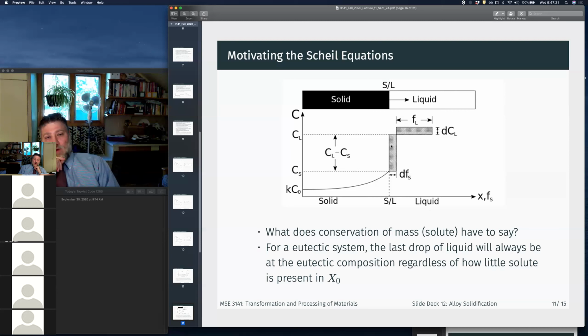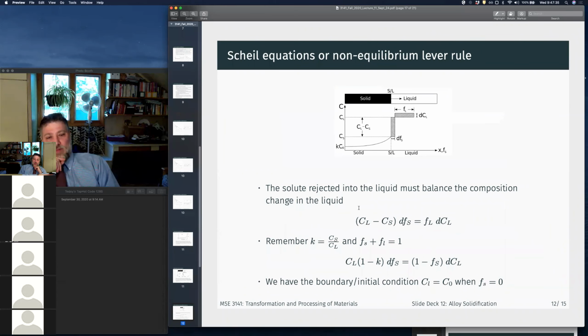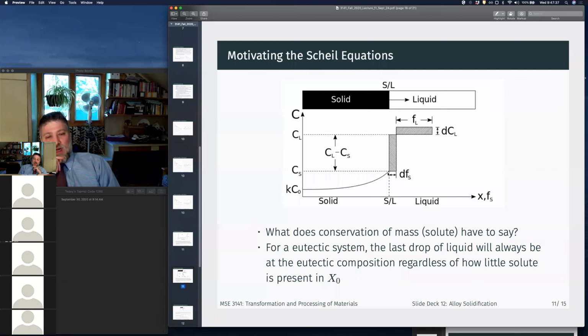If we think again about conservation of mass or solute, we're going to think about what happens as we freeze out.